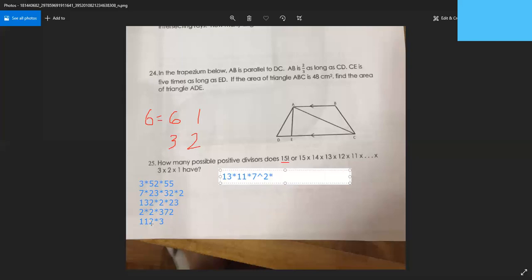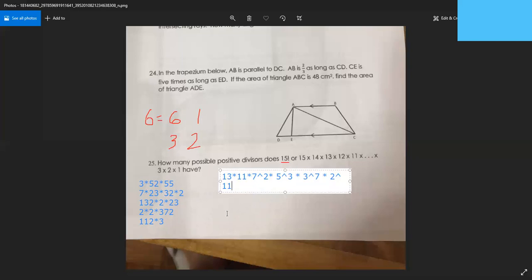Let me count the number of fives. 1, 2, 3. There's only 3 fives. So times 5 raised to 3, times how many threes? 1, 2, 3, 4, 5, 6, 7. There are 7 threes, times 2 raised to, counting this, there are 11 twos.